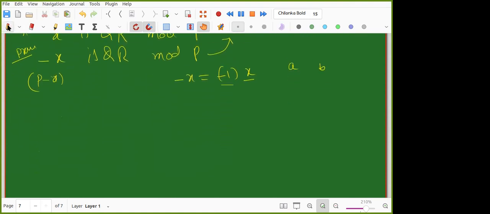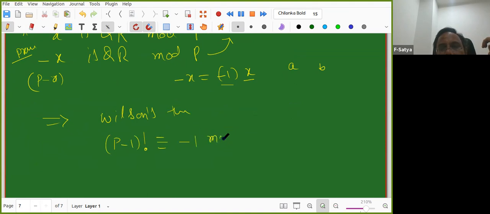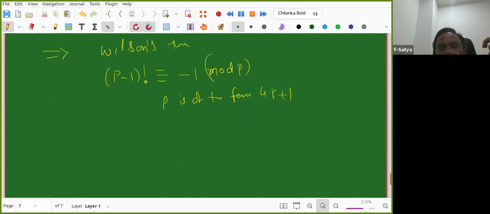But to prove that minus 1 is a quadratic residue, I'll give a quick proof again. You know Wilson's theorem. Wilson's theorem says that (p minus 1) factorial is congruent to minus 1 modulo p, right? Now, when p is of the form 4k plus 1, then what happens?